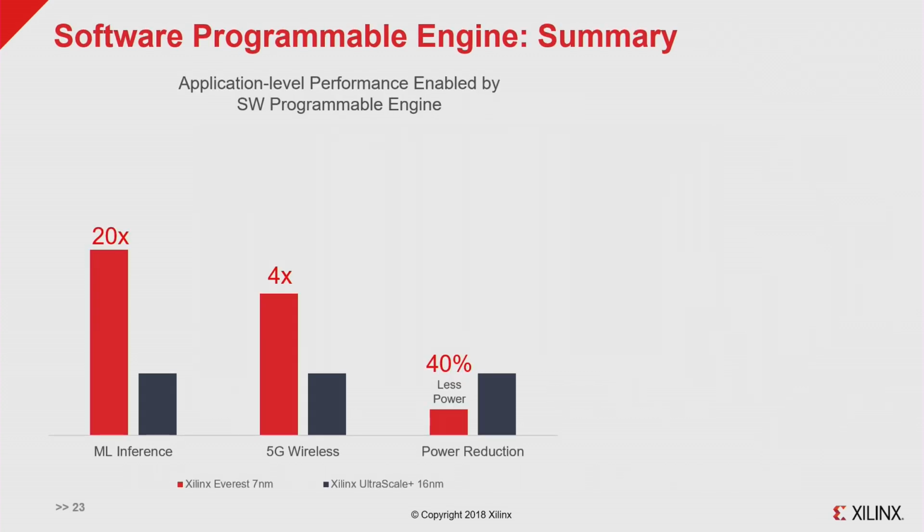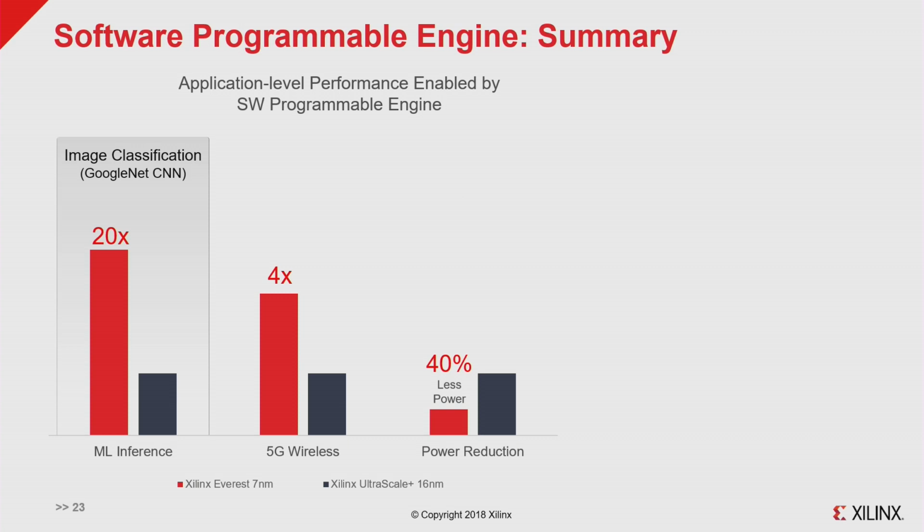Now, just to take this one level up, what does it mean? I've shown this big jump in performance from 16 to 7 nanometer, enabled by this block. Let me explain one level down: for machine learning inference, this is image classification. This is GoogleNet running on the UltraScale Plus products.